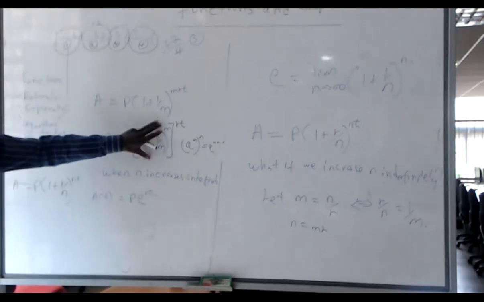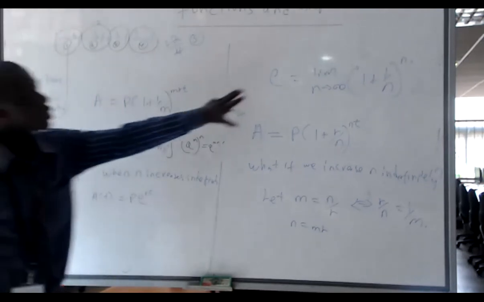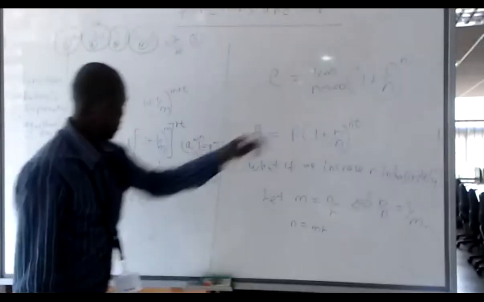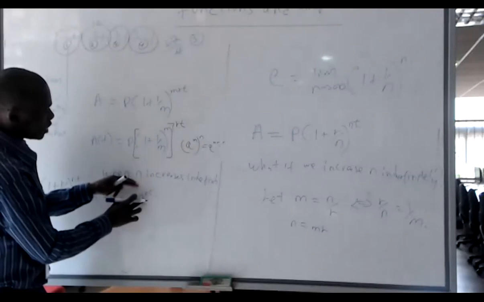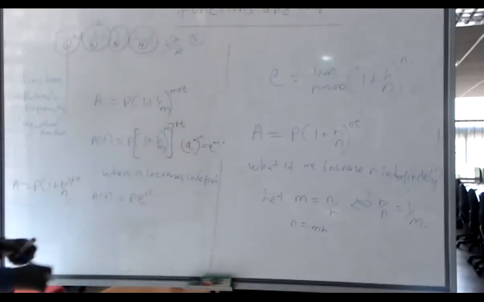This guy will become E. It's the definition of E. So as you increase n indefinitely, the expression 1 plus 1 over m raised to m becomes E. So we'll have E raised to RT.